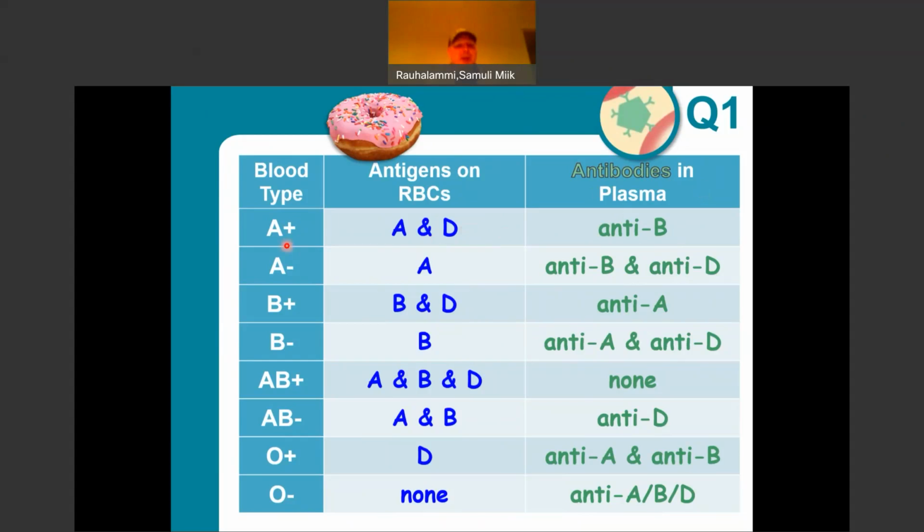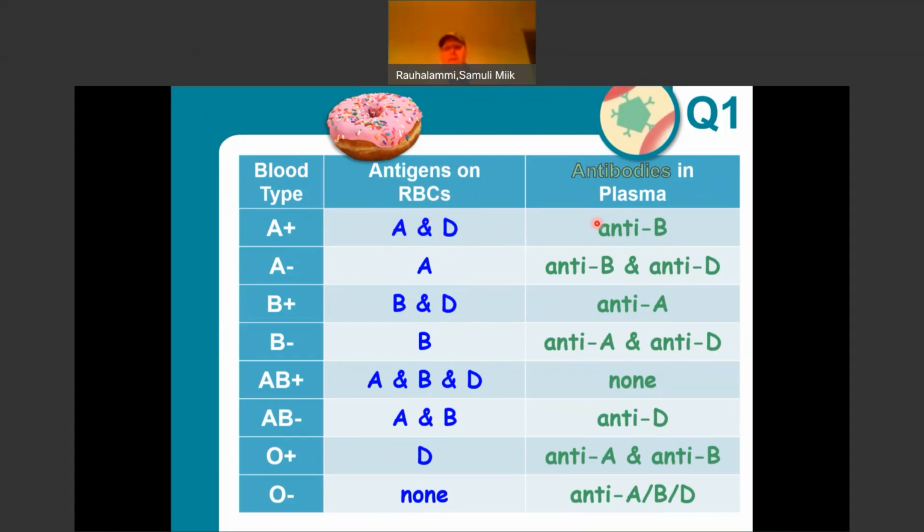So first of all, if you're blood type A positive, that means that you're going to have antigens for A on the surface of the red blood cell, and you will have antigens for D, because remember, if you had D antigens on the surface of your red blood cells, that meant that you were Rh positive.